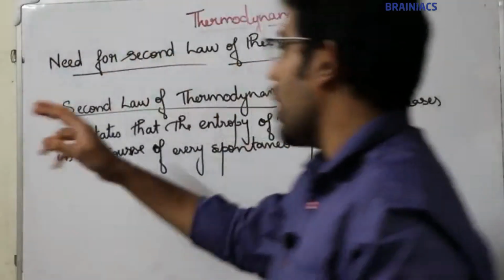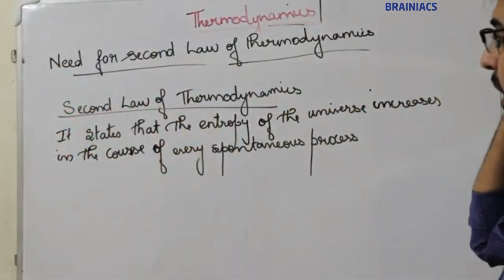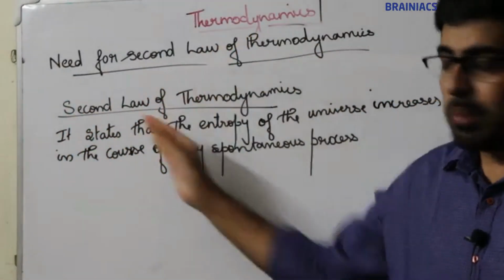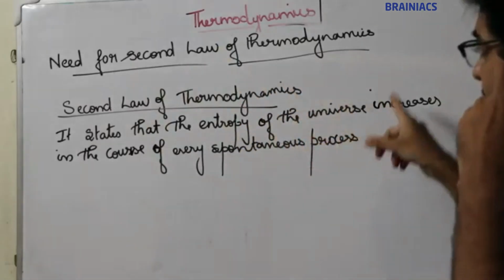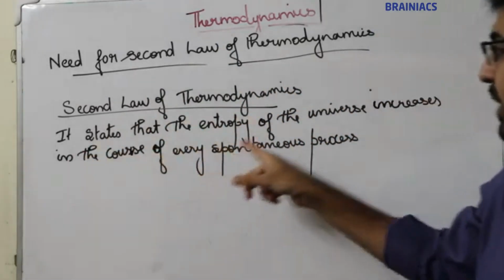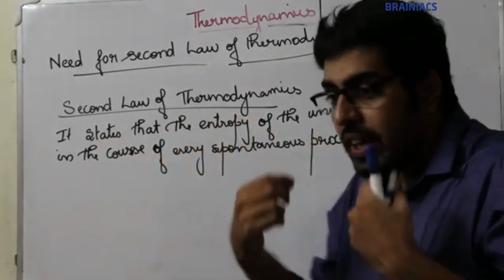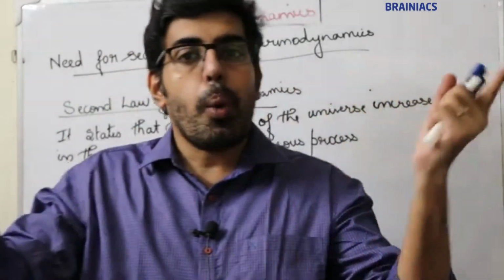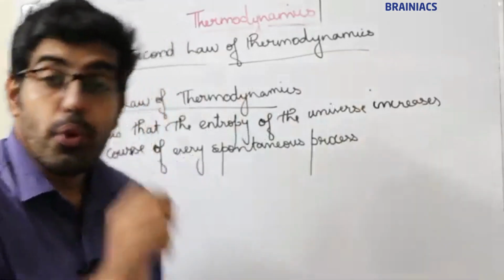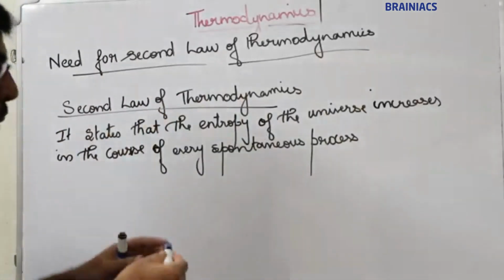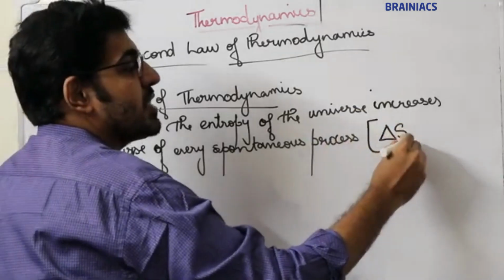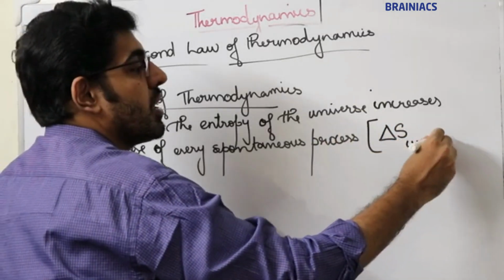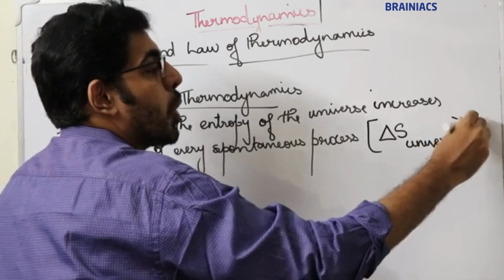Moving on to next topic, second law of thermodynamics. Second law of thermodynamics states that the entropy of the universe increases in the course of every spontaneous process. That is, delta S universe is greater than 0.